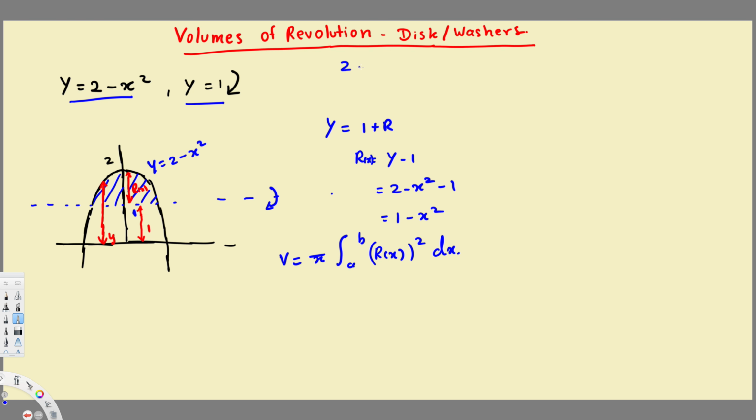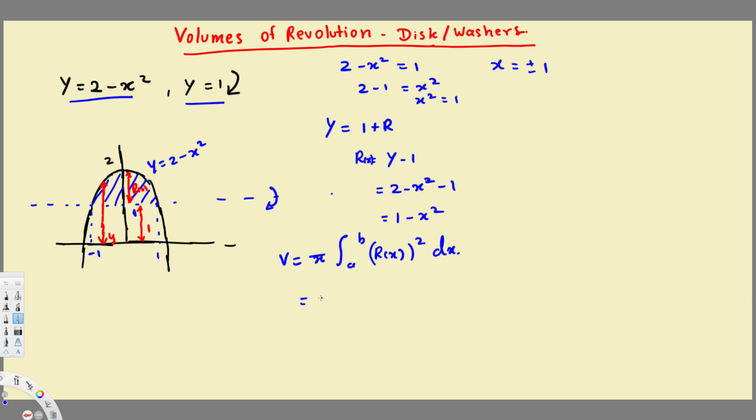If I equate 2 minus x squared to 1, that's going to give us the limits of integration. So 2 minus 1 is equal to x squared, therefore x squared is equal to 1, therefore x is going to be equal to plus or minus 1. If you look at this, this is going to be minus 1, this is going to be plus 1, right? So that's going to be our limits of integration.